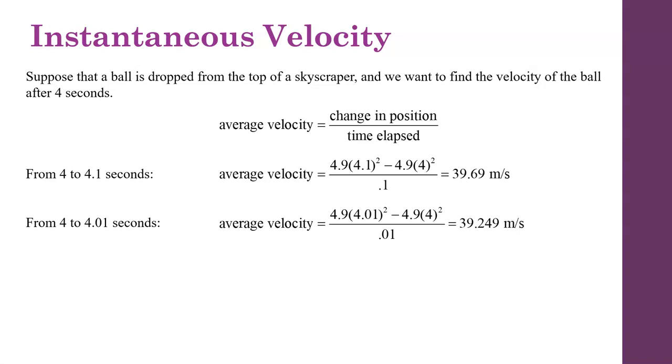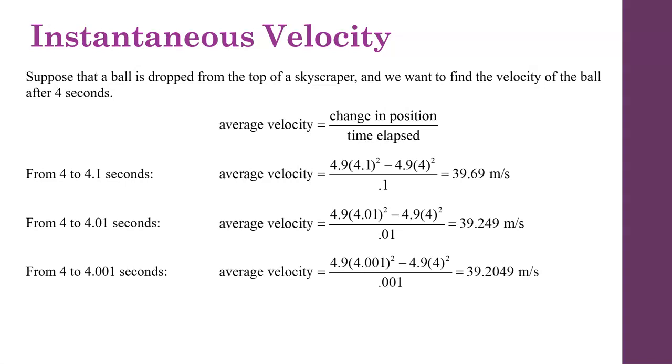And if I go from 4 to 4.001 seconds, in a shorter period of time, the average velocity changes again to 39.2049 meters per second. Once again, each of these pieces calculates the position of the object, and when I subtract them, I find the change in position, the distance the object traveled. On the bottom, I have the time elapsed between the two time periods I'm looking at.